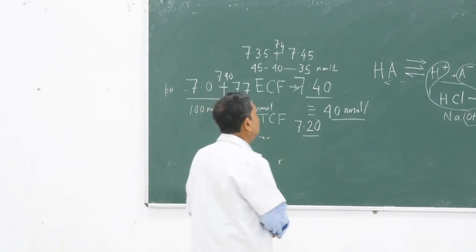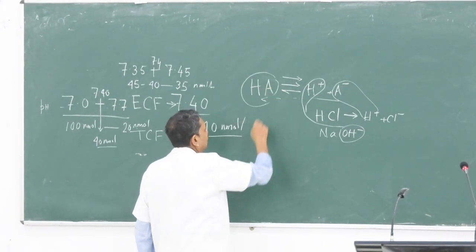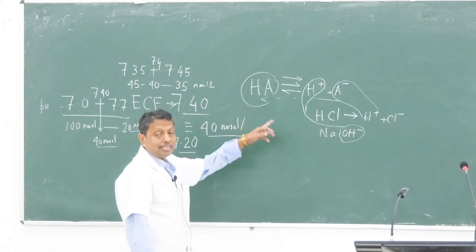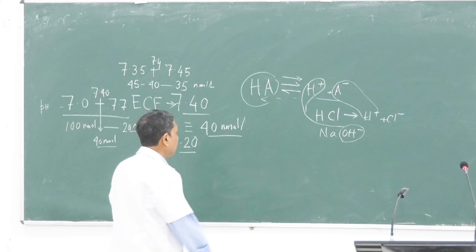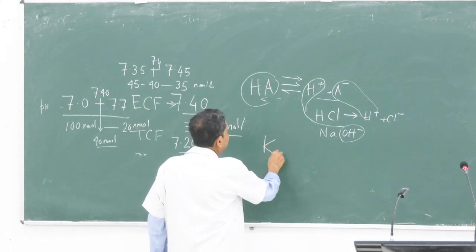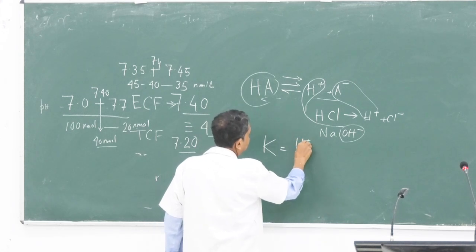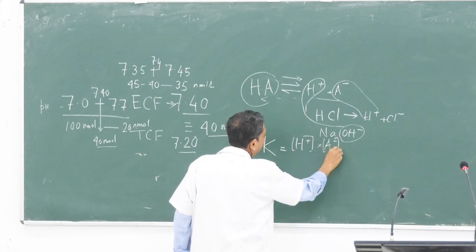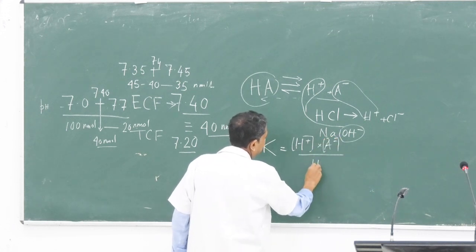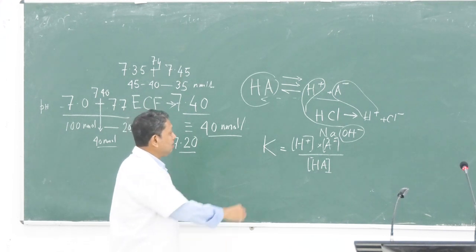From the law of mass action, you can convert it into the Henderson-Hasselbalch equation. You can take the dissociation constant, the apparent dissociation constant K prime.